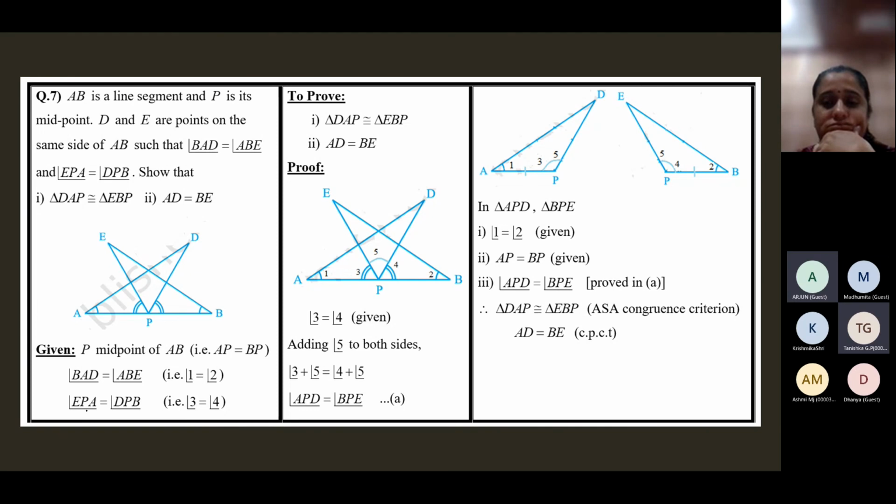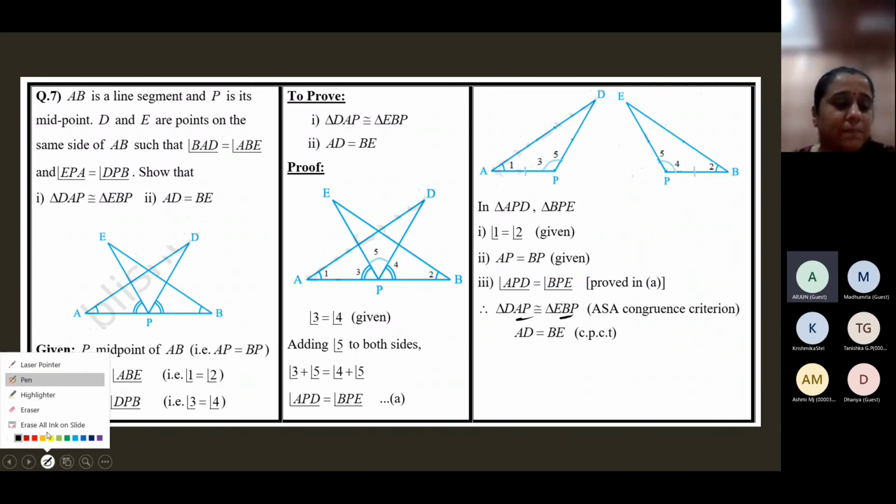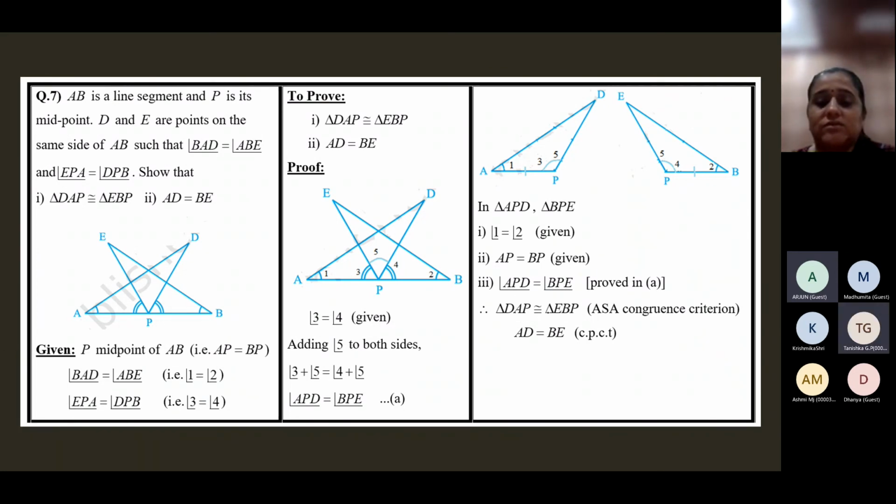It is now proven, ma'am. And triangle DAP is congruent to triangle EBP by ASA congruency, ma'am. So AD is equal to BE by CPCT, ma'am. Very good, Tanishka.